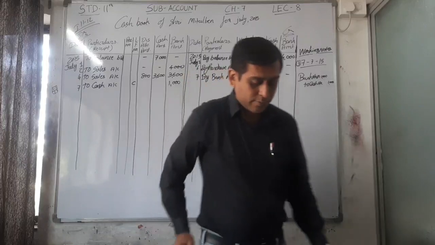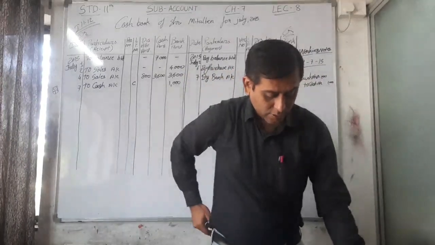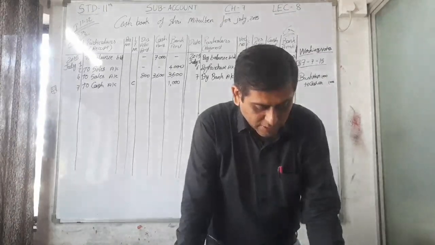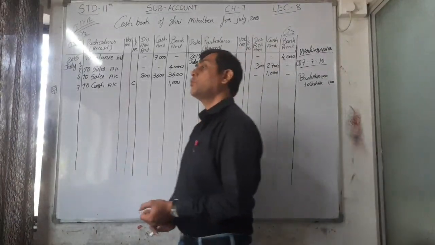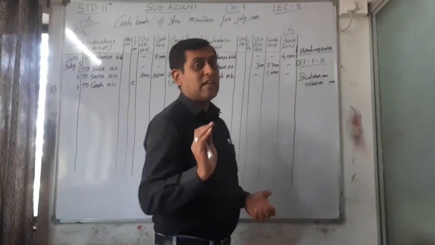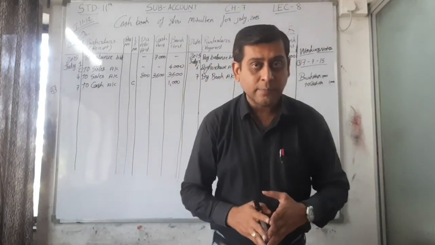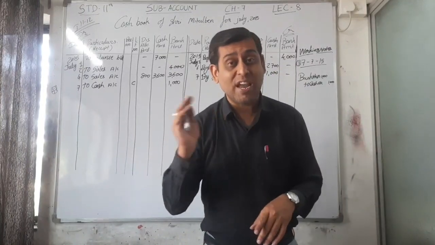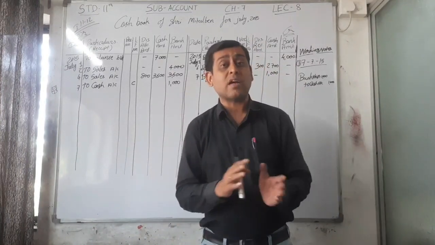Now the next one, 9th, 800 paid to Gopi for salary by check. Again, three accounts are affected here. Paid salary, that's why salary is our expense, that's why debited. And Gopi is the person, and check is given, that's why bank account is also affected.